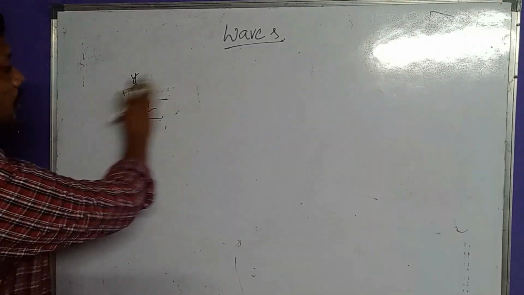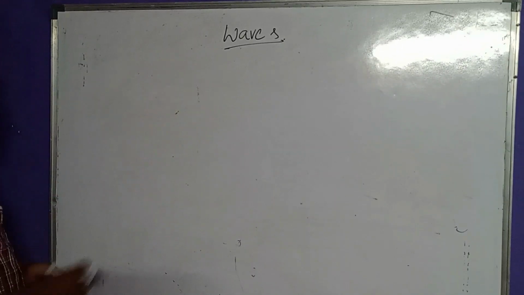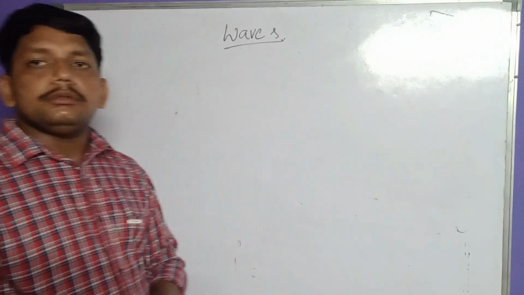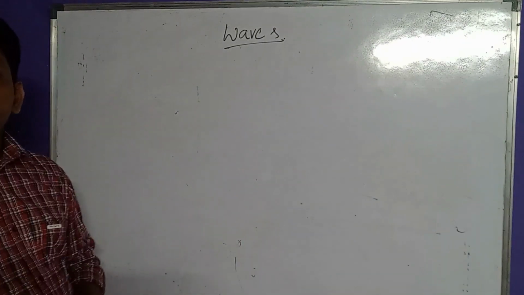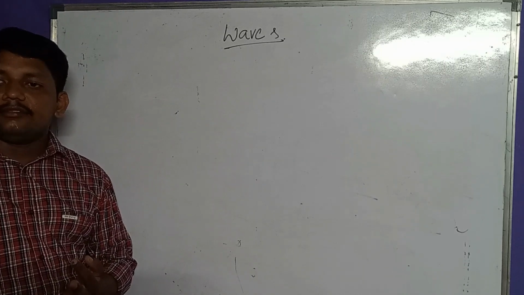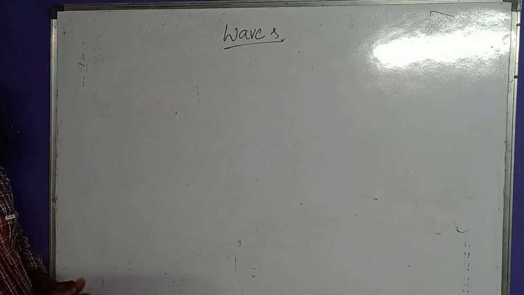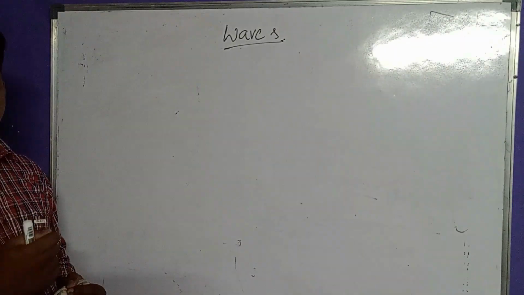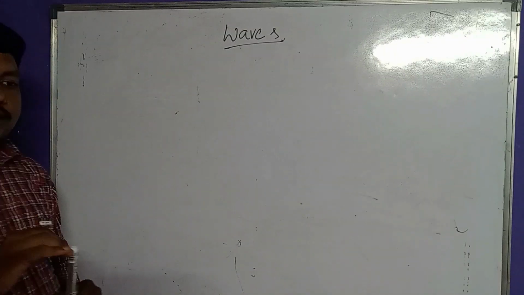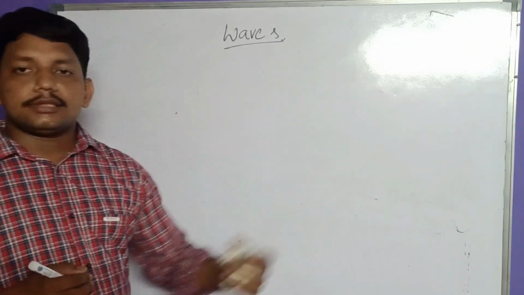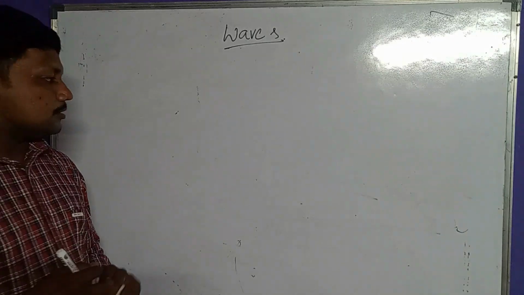Examples of traveling waves are sound waves, electromagnetic waves, meaning light waves, and waves in a stretched string. That means a pulse traveling from my side to the other side in the stretched string, right?